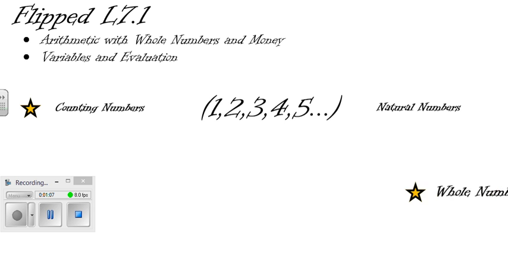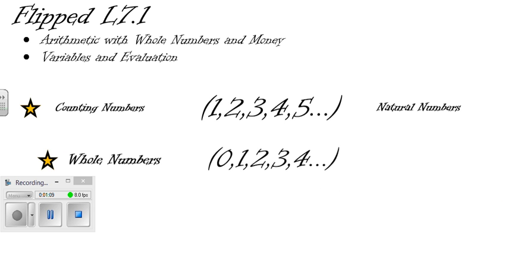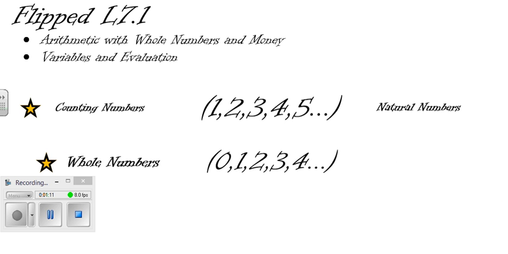Very, very similar to our counting numbers are what are known as whole numbers. Whole numbers, of course, include 0, and they have no fractional parts, they have no decimal parts, and they also don't go into the negative realm, all right? And so we have these different ideas that we want to review and look at to start.